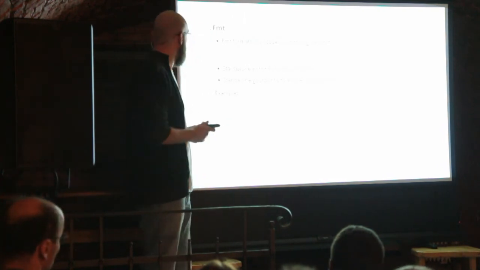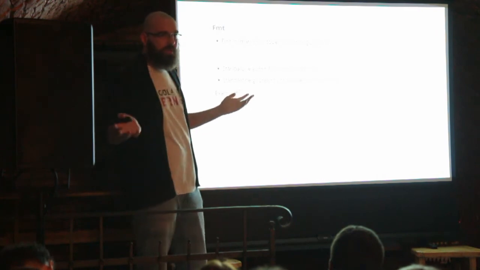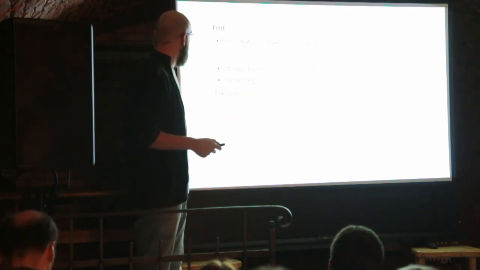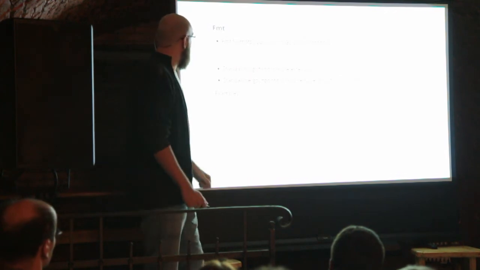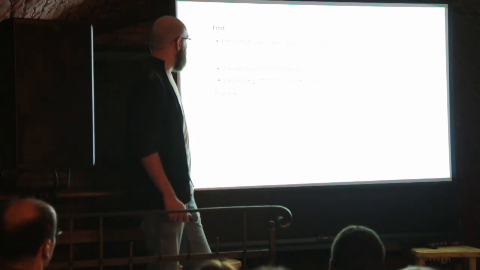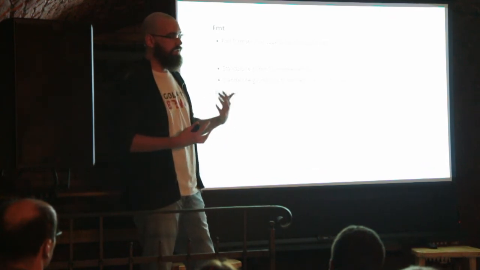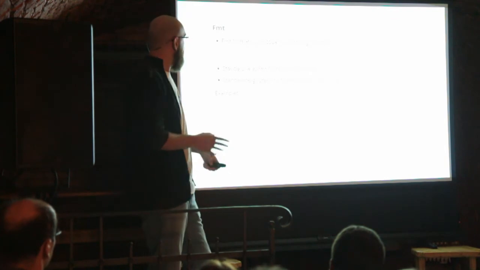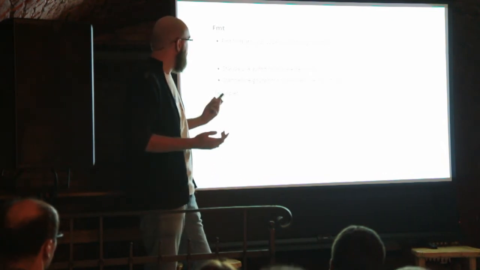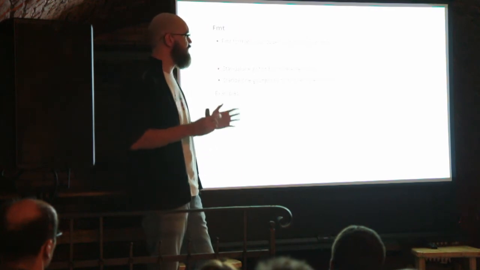GoFMT, another tool that we already heard about. Like we already know, it just reformats your code to the Go coding standard. It's going to replace all the files in your package with the reformatted code, which is always going to be the same.